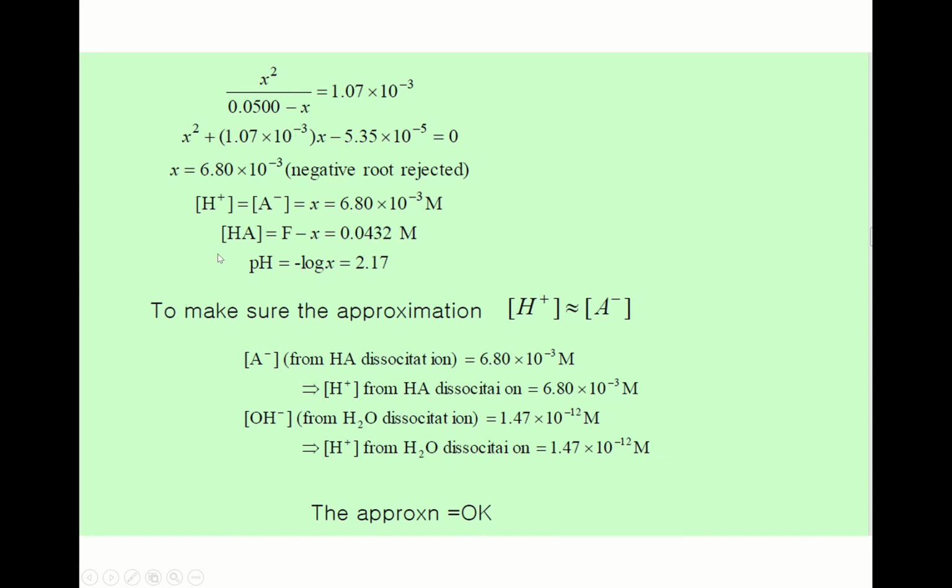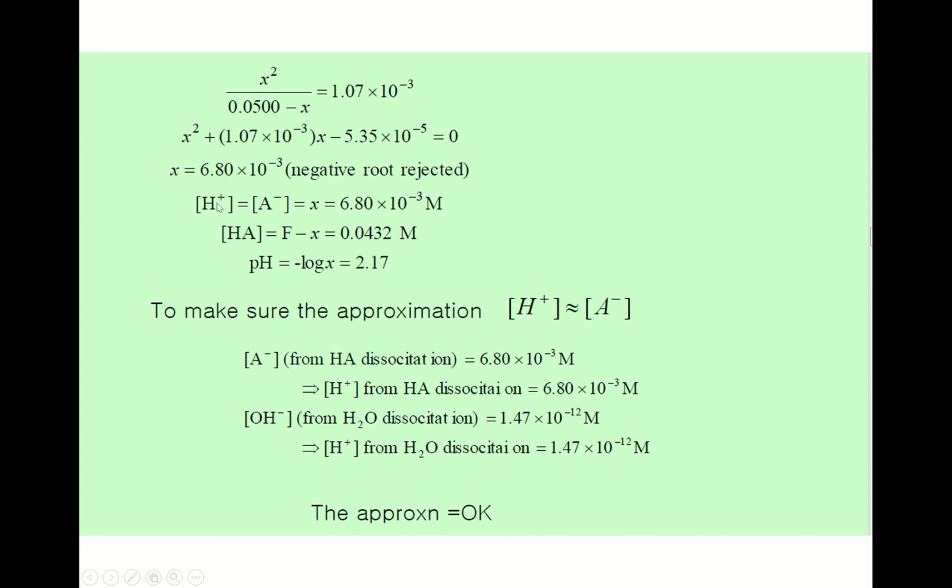What is the concentration of the undissociated form? It is given by the formal concentration minus the proton concentration, or the anion, and it is 0.0432 molar.